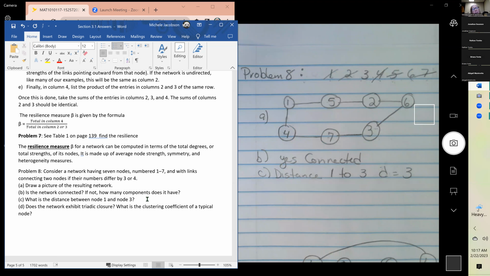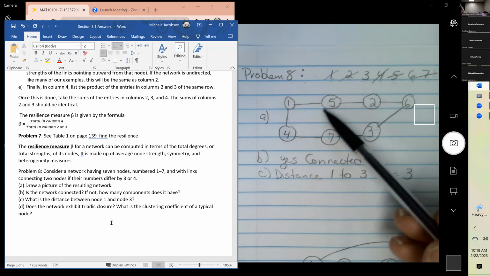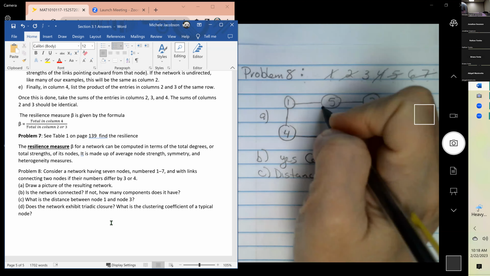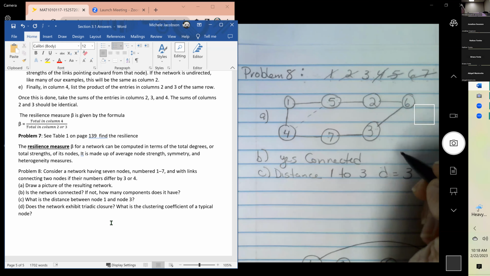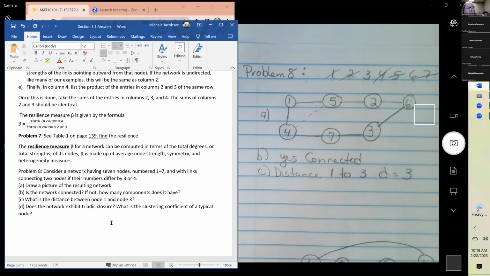Does the network exhibit triadic closure? To have triadic closure, your friends need to be friends. Notice 1 is friends with 4 and 5, but 4 and 5 are not friends, or there'd be a line here. So this does not have triadic closure.